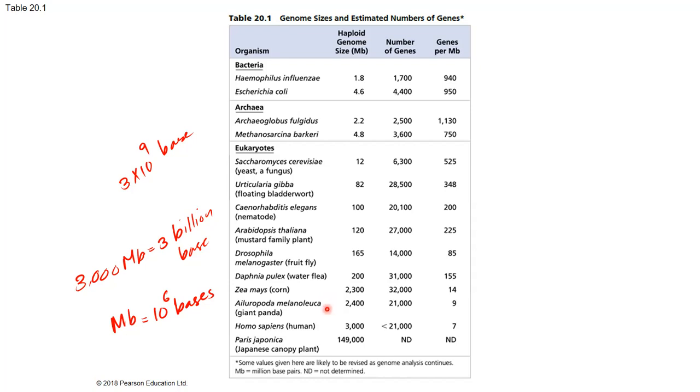And in general, eukaryotes have larger genomes, but a large genome does not necessarily mean more genes.